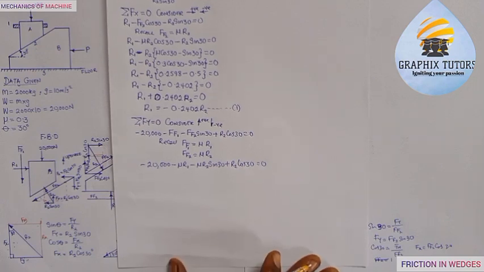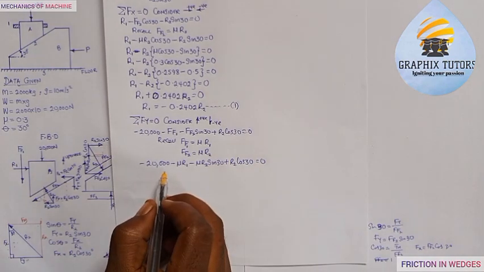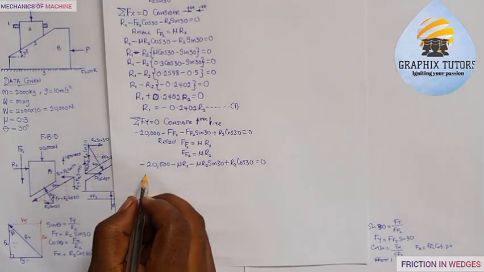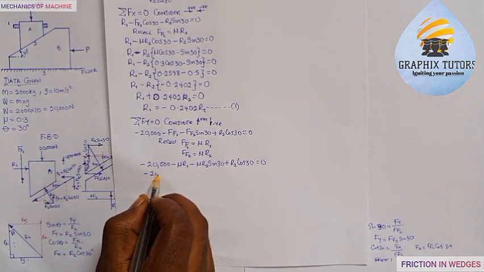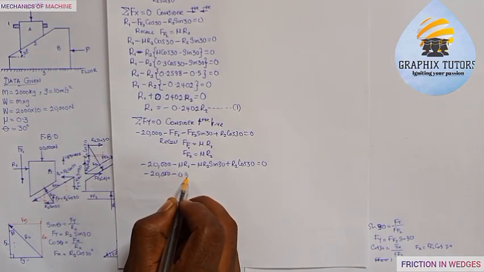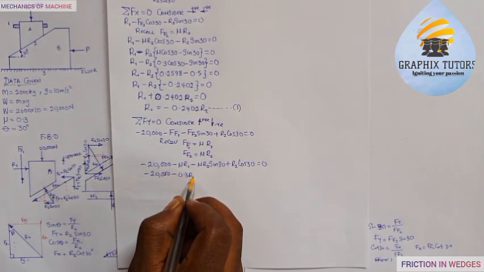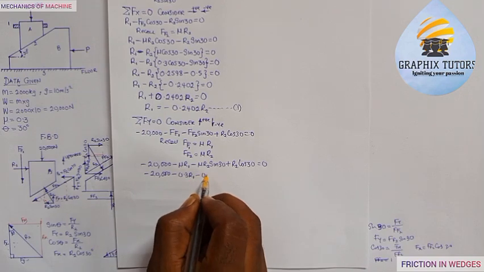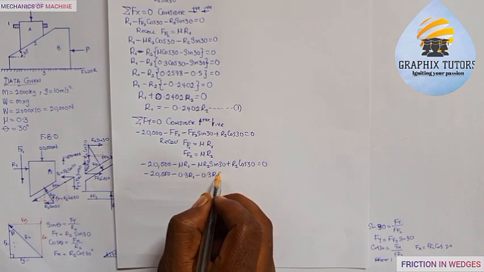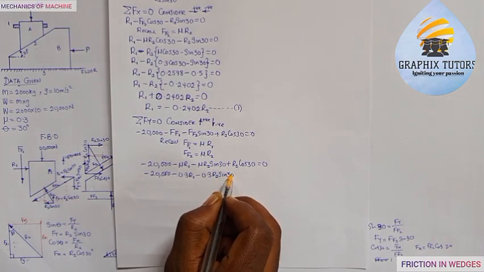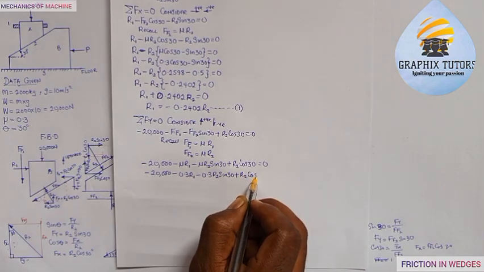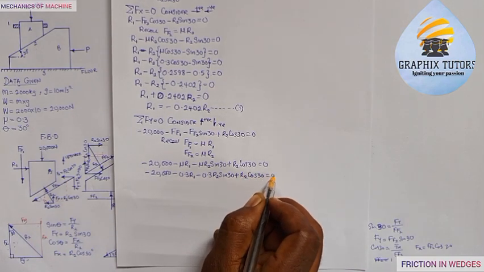Now in doing that, we move forward from here, but we know our μ is given to be 0.3. So I'll be having minus 20,000 minus 0.3 R1 minus 0.3 R2 sine 30, plus R2 cos 30 equals to 0.